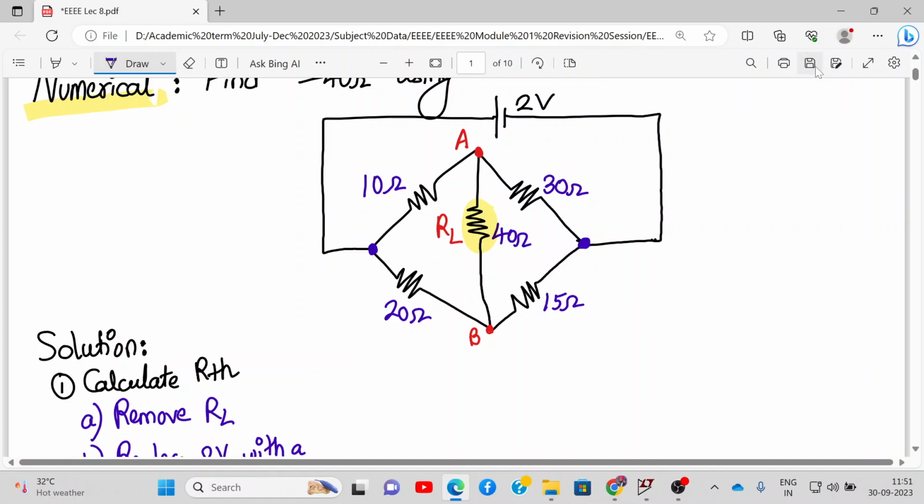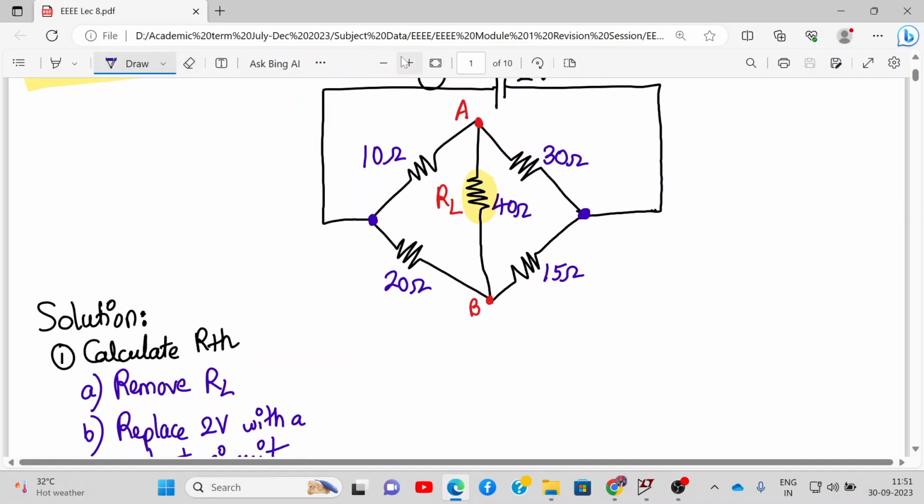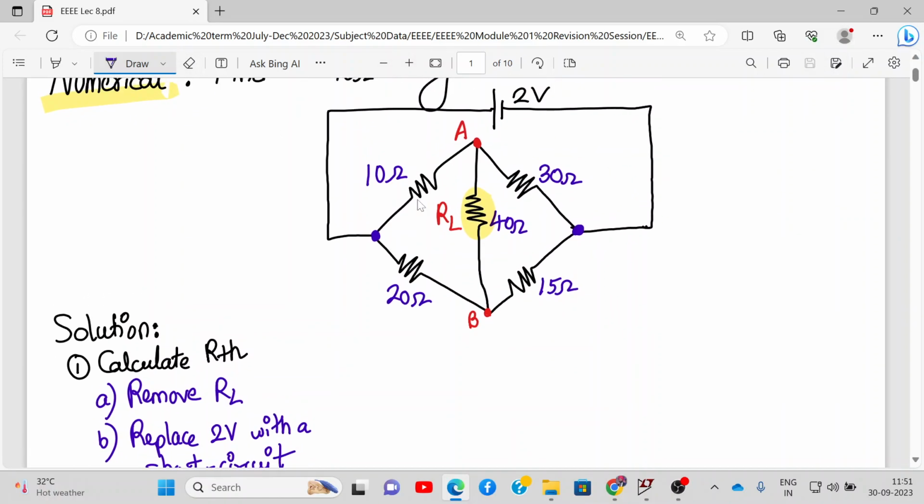So let us draw the circuit for calculating RTH. Let me take this color as blue. So I am drawing it over here. Over here we have 10 ohm resistance. This will be 30 ohm. Now when I short this 2 volt voltage source, we will short this terminal and this terminal.